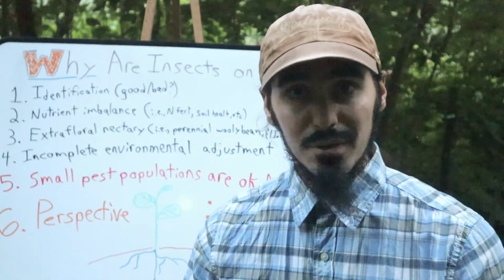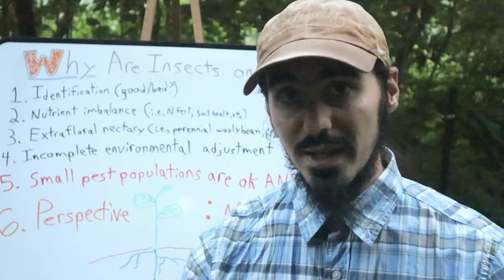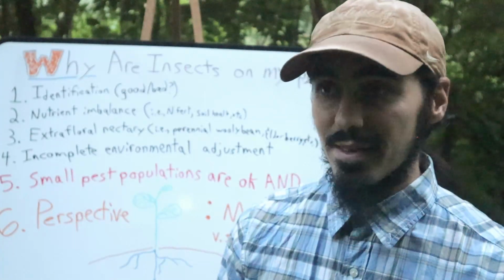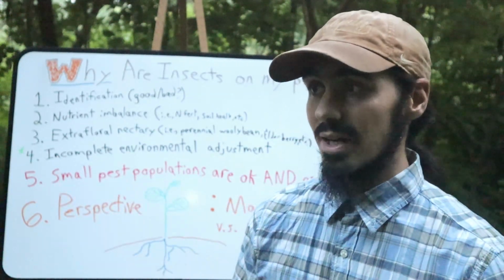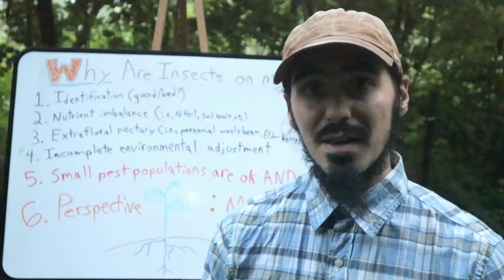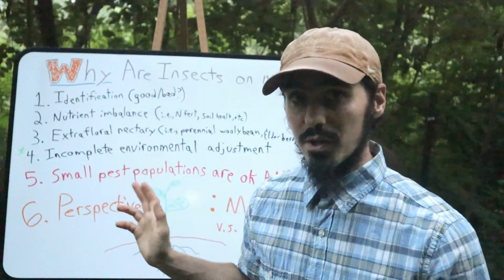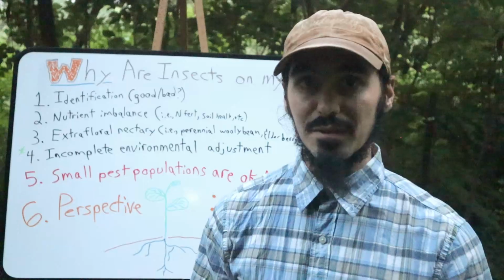Because oftentimes healthier soil equals healthier plants, right? And these plants then are at least a little bit better able to defend themselves against some of the pests that may be out there. Also, we have to watch the nitrogen fertilizing, right?